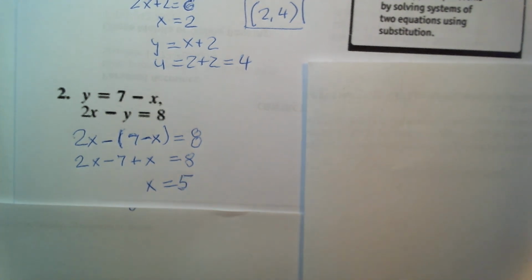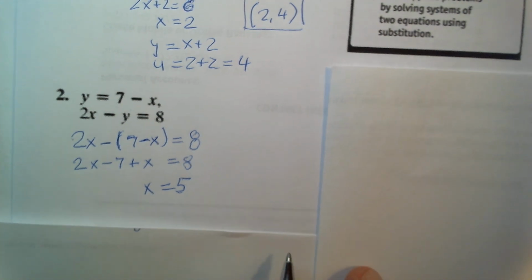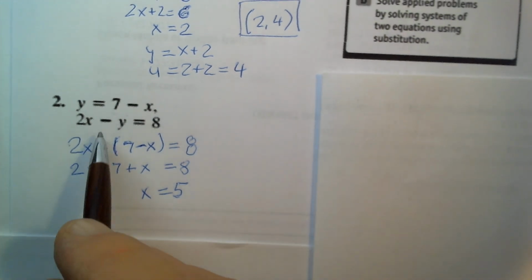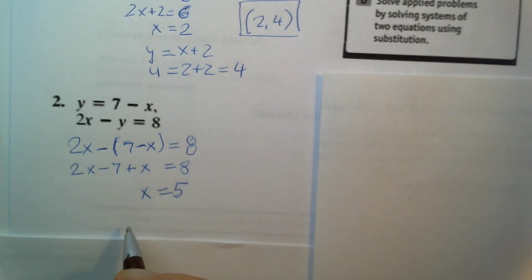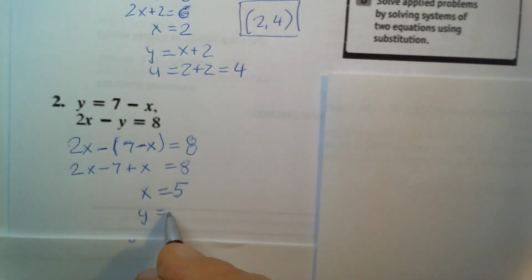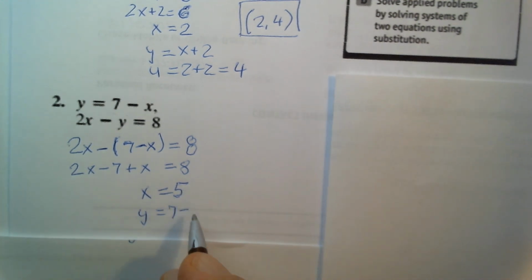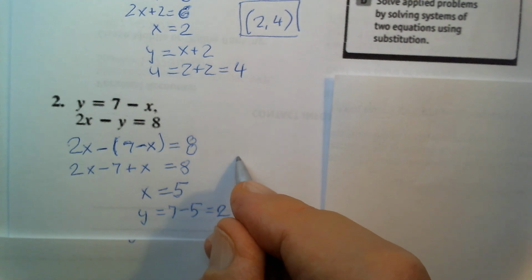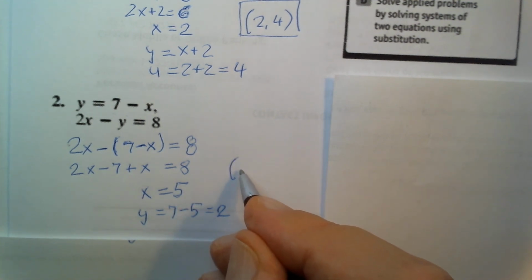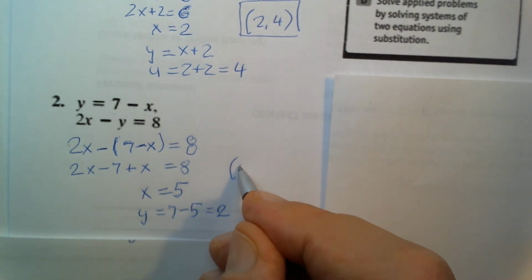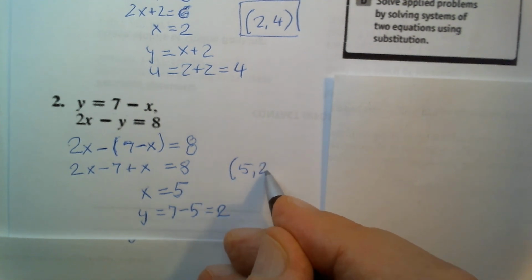Now that we know what x is, we can substitute that into the first equation. So y is equal to 7 minus x, and x is 5, so therefore y equals 2. And so the solution to this system of equations is the ordered pair (5, 2).